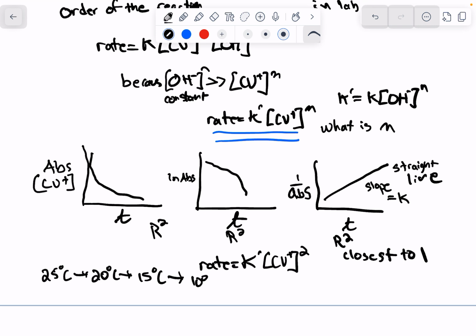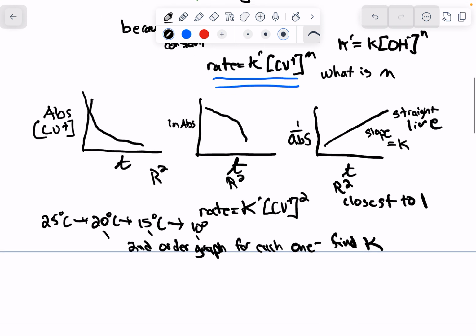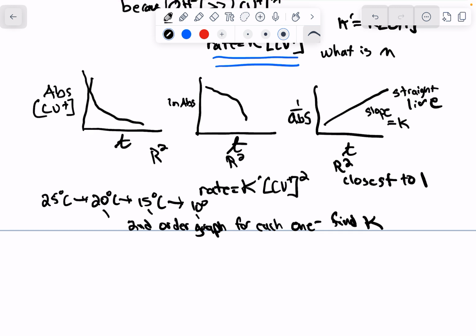For all those temperatures, all you have to do is make the same graph. In this example, it would be the second order graph for each one, and then you find k. So then you have 4 temperatures and 4 k's.